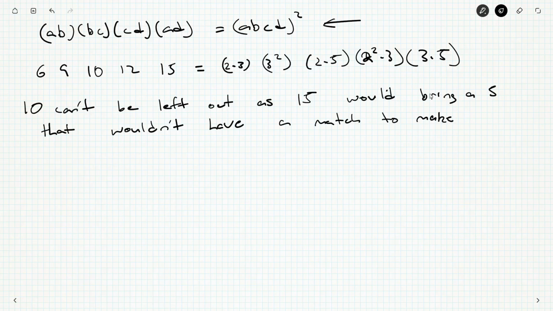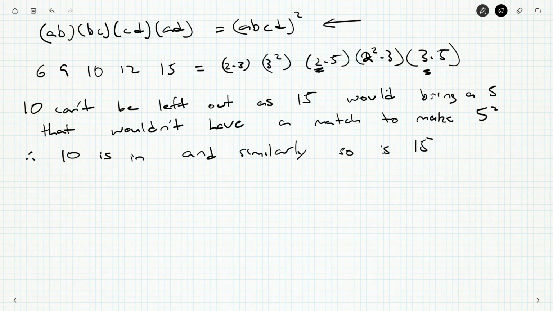So it wouldn't have a match to make 5 squared in our perfect square. So that tells me 10 is in. 10 can't be left out because that would mean 15's in, and 15 gives me a factor of 5 that I would need. So 10 is in, and similarly, so is 15. Now these guys bring a 2 and a 3 to the table.